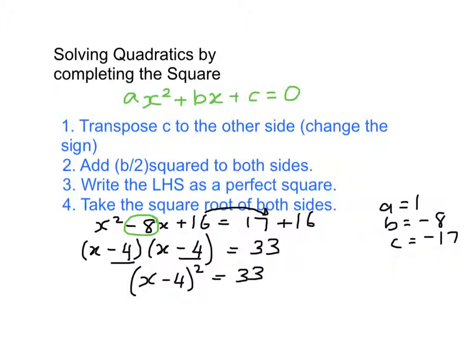Now I want to get rid of my squared, (x minus 4) squared. To undo a square, I take the square root, don't I? So if I square root this side, I also have to square root that side. And now my square and square root cancel, so I'm just left with x minus 4 equals the square root of 33.